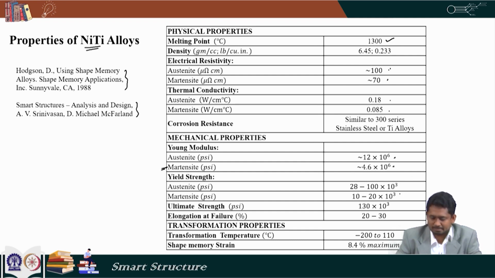In martensite it is 10 to 20. Ultimate strength is 130 times 10 to the power 3. Elongation at failure is 20 to 30%. And we have transformation properties, transformation temperatures of minus 200 to 110 degrees centigrade. We will see what this transformation temperature means. And shape memory strain, as we saw that these alloys can recover around 8% of strain.